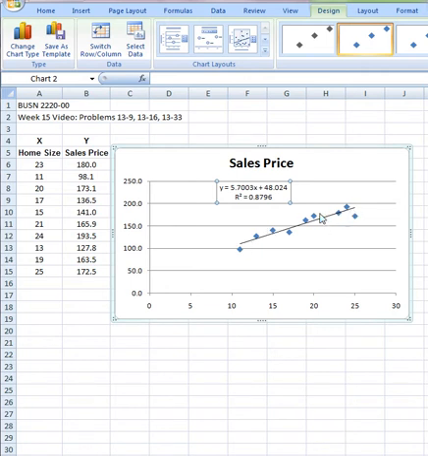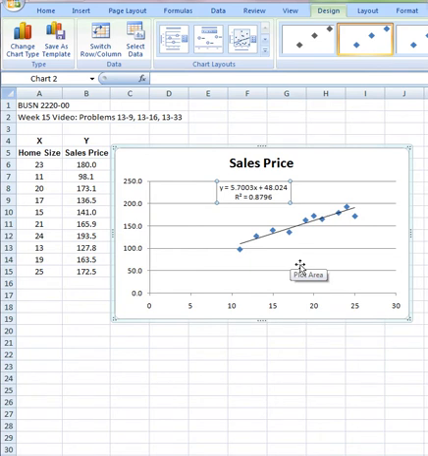The distance between each dot and the line on the chart is quite small, and that gives us an R squared value that says about 88% of the variation we see in these data can be explained by the regression line. Okay, that's great.